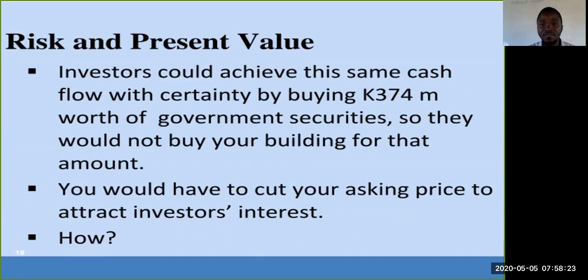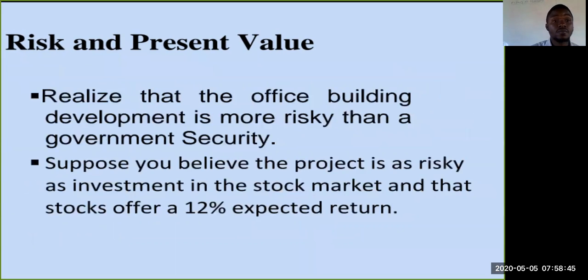Investors could achieve this same cash flow with certainty by buying 374 worth of government securities. So they would not buy your building for that amount. You would have to cut your asking price to attract investors' interest. How? Realize that the office building development is more risky than a government security.